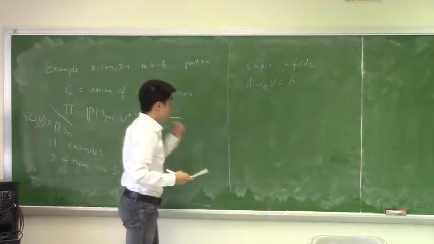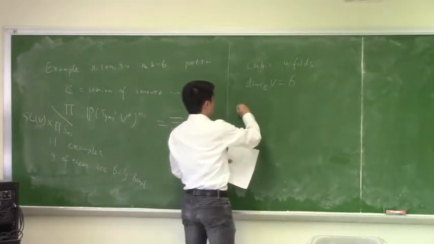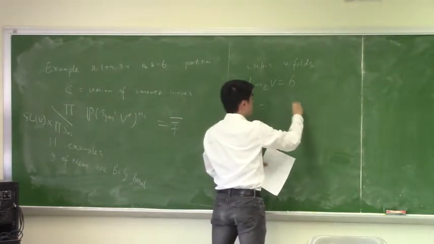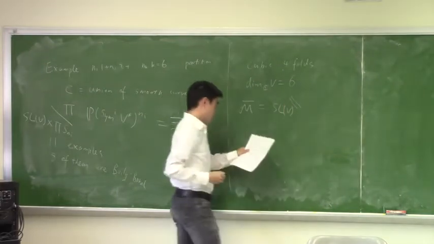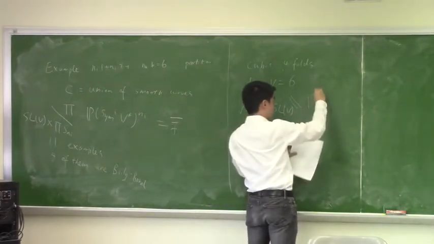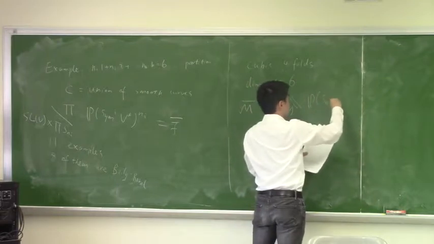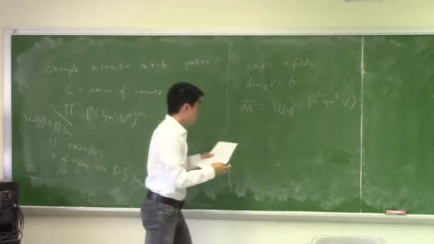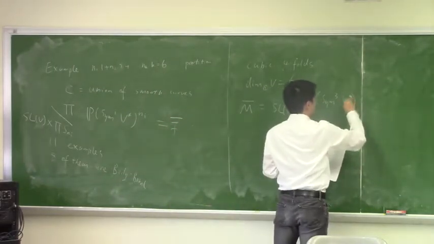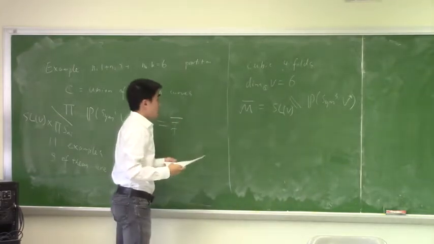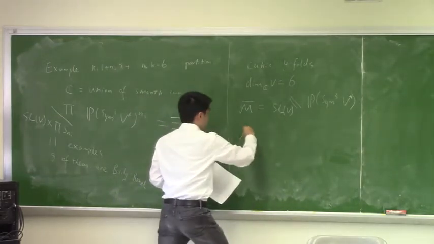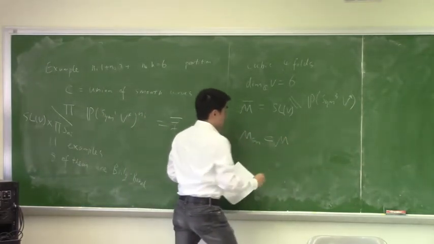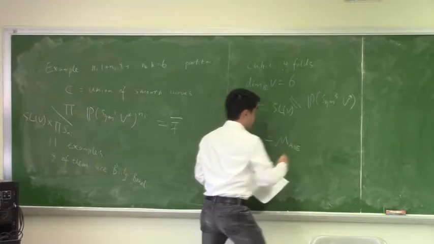Now V is a dimension 6 complex vector space, and we consider M to be the moduli space of cubic fourfolds. And we can consider the sublocus, which consists of smooth cubic fourfolds, and also cubic fourfolds with ADE singularity.